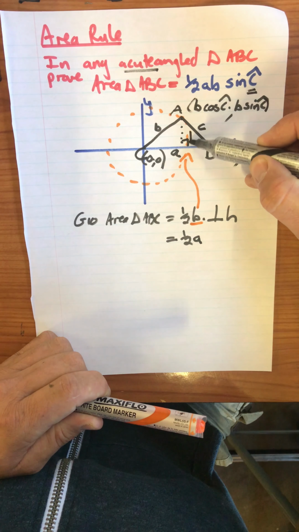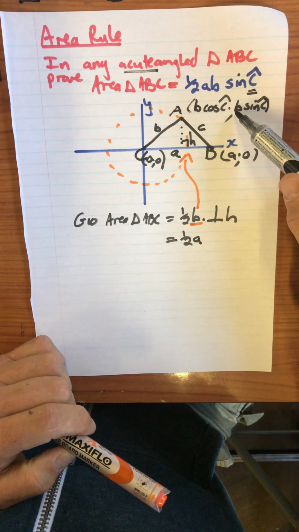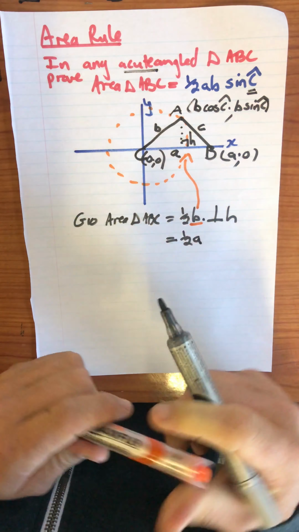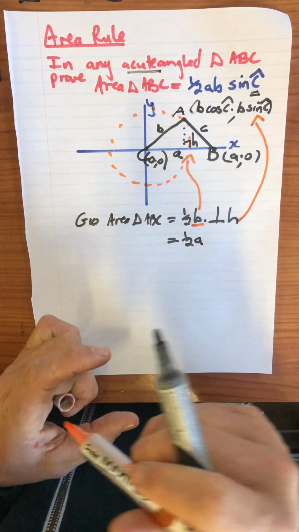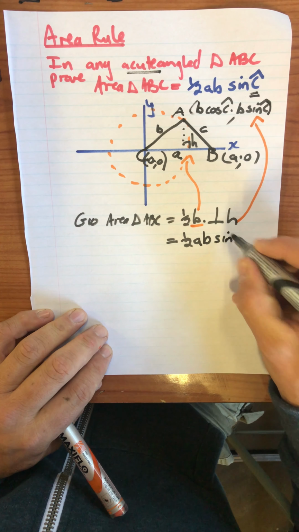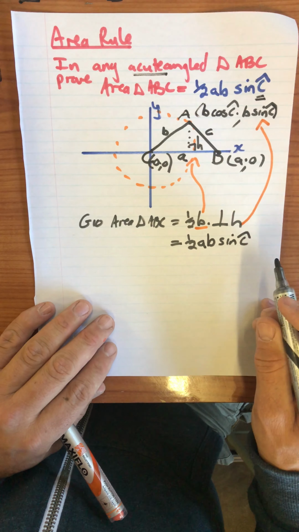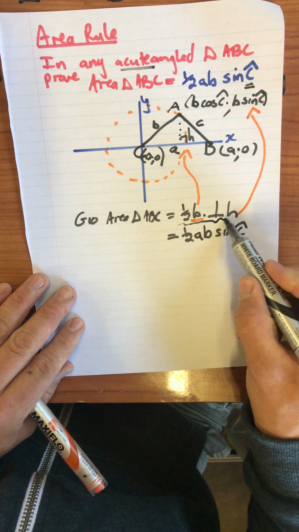There's my perpendicular height, and we'll see that the perpendicular height is the same as the y value of my polar coordinate, which is b sine C. And there, grade 11s, we have proved the area rule.